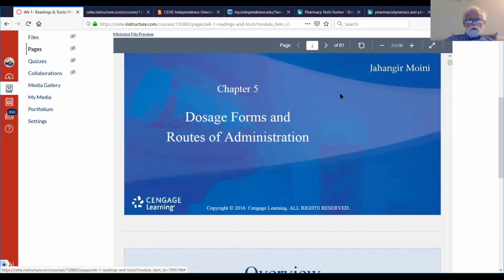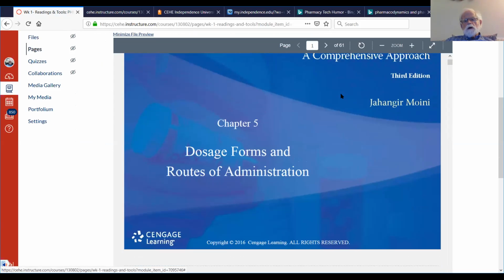Dosage forms and routes of administration. These are related concepts. The route of administration tells us what kinds of dosage forms can be used. The dosage forms themselves give us a clue as to the route of administration. Some drugs, obviously, you can't crush up a tablet and inject it.